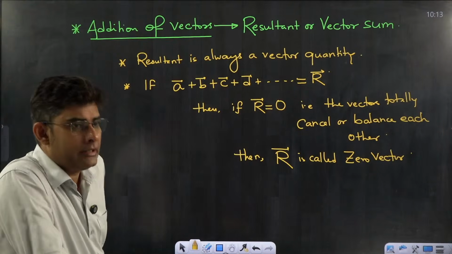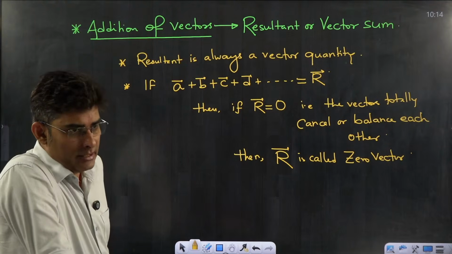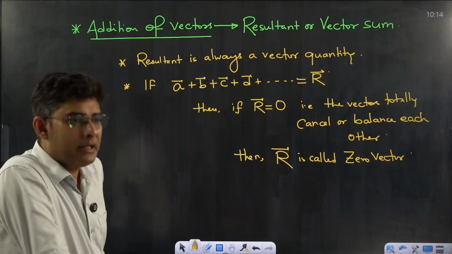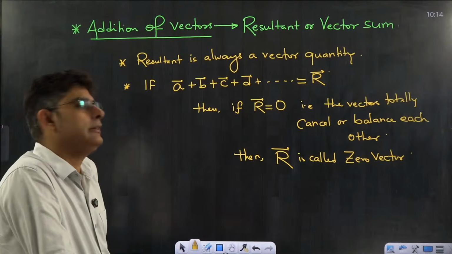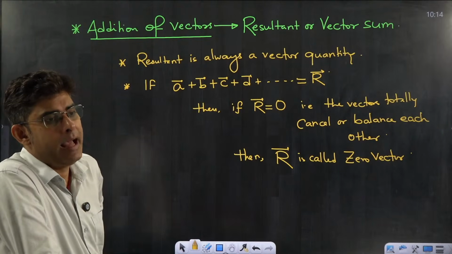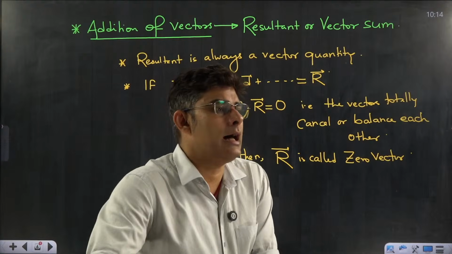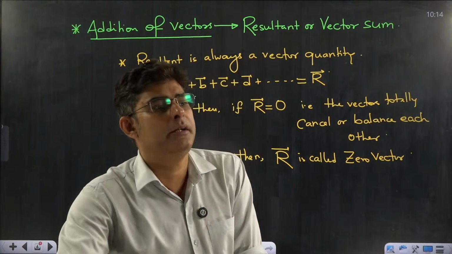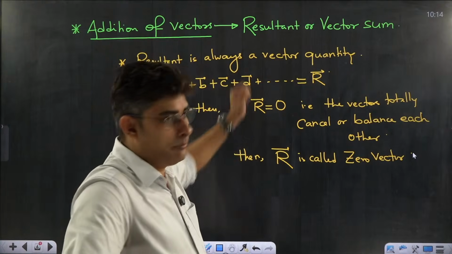What is a 0 vector? 0 vector means its magnitude is 0. It does not have any direction. So it is actually the resultant of two or more vectors which simply cancel or balance each other completely. As simple as that. When we say that R vector is a 0 vector, that means it is a vector quantity and it has been obtained from some vector sum.